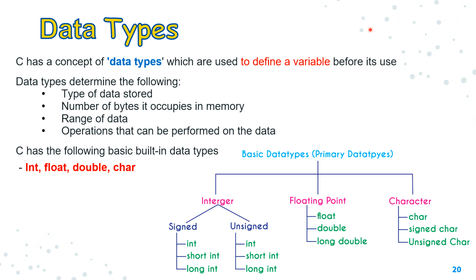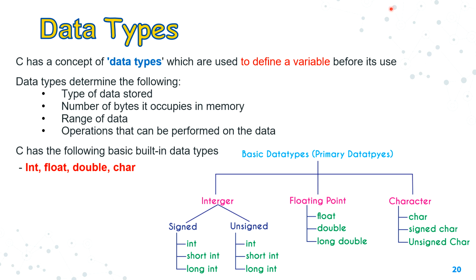The primary data types in the C programming language include the integer data type, floating point data type, double data type, and character data type.